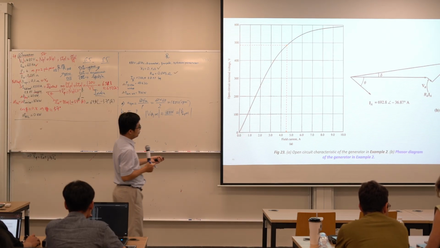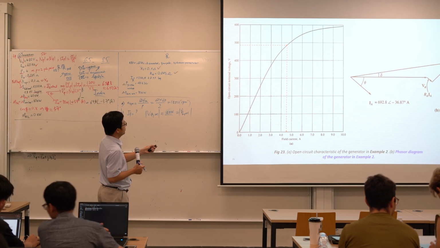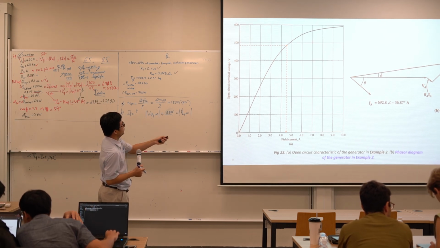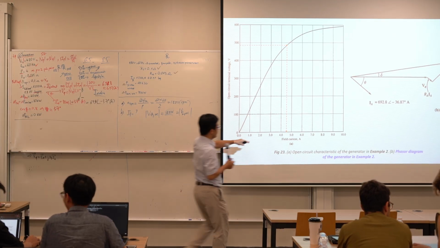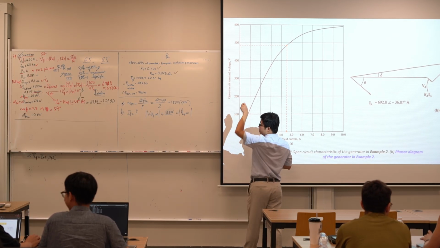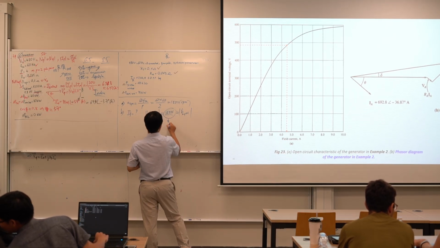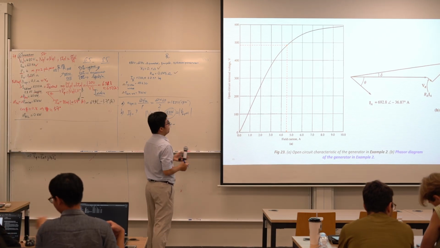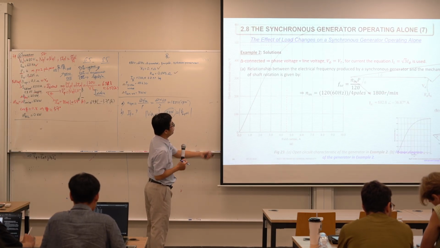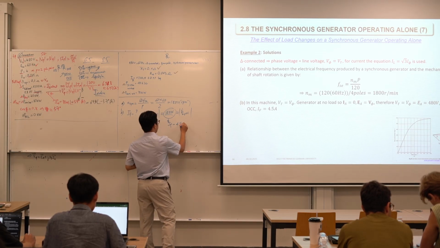Then we have the open circuit curve. This is IF, and this is open circuit voltage. So if we have 480 volts, we can get IF how many? Here, 4.5 amps.